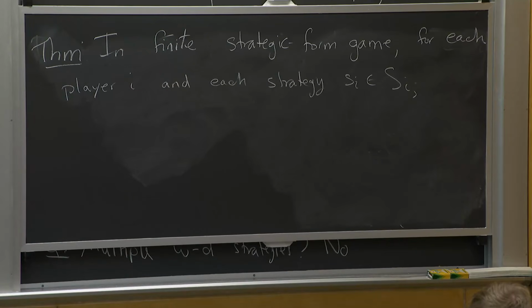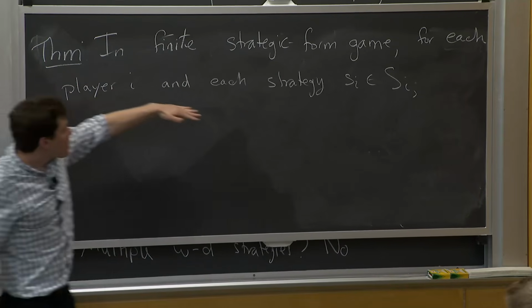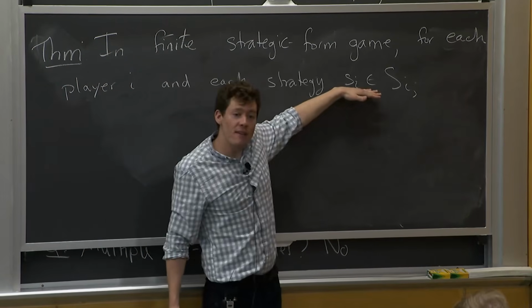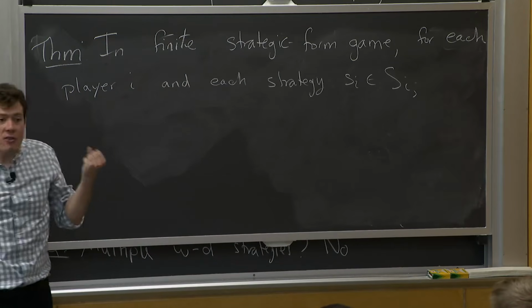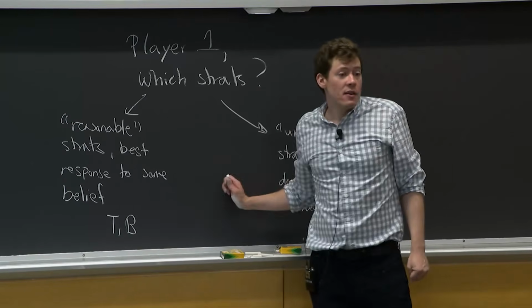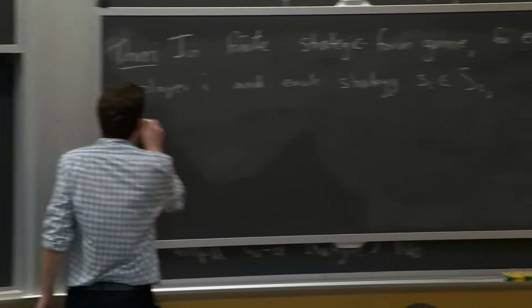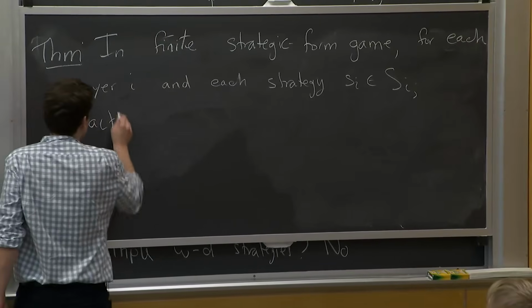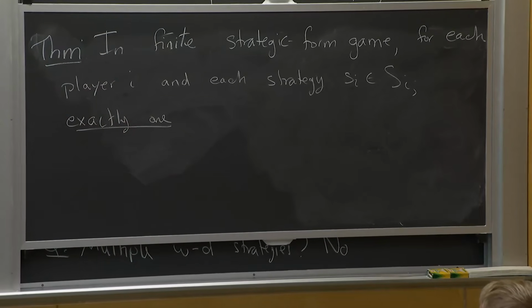We fixed our finite strategic form game. We're considering a particular player i and a particular strategy s_i. And what we want to argue is that this strategy falls in exactly one of these 2 categories. It can't be in both, and it can't be in neither. So what we say is exactly one of the following holds. Exactly one means not both and not neither.